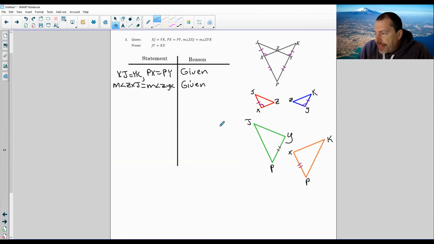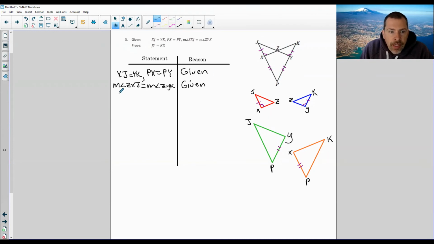Okay, so now that we've done that, we can state what I just said before. Since JX is congruent to KY and XP is congruent to YP, then the sum of the two. So if this was side 1 and this is side 2 and this is side 3 and side 4, 1 plus 2 equals the 3 plus 4 sides, because congruent parts added up equal congruent totals.